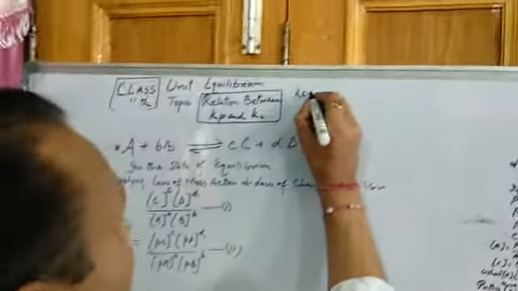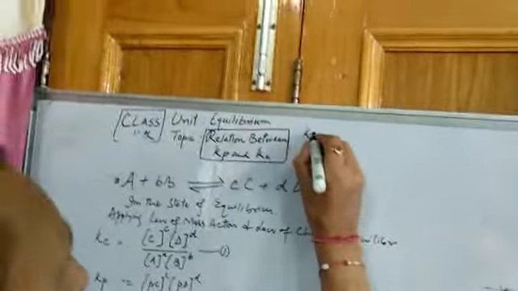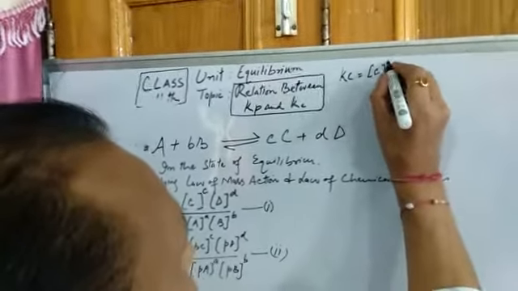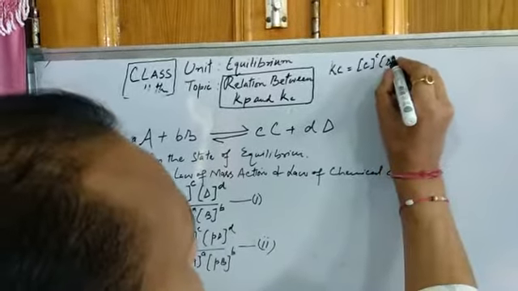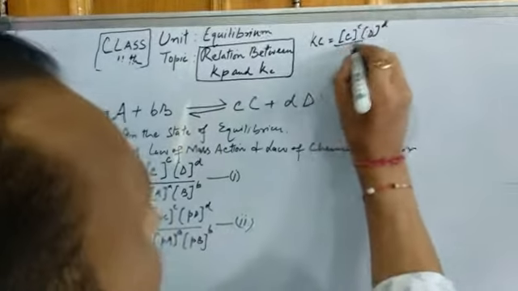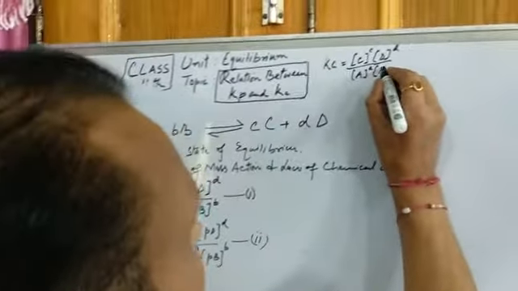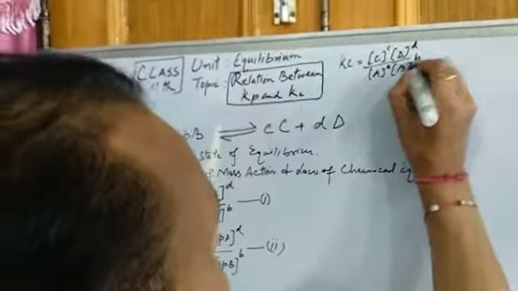Kc equal to [C] raised to c into [D] raised to d upon molar concentration of A raised to power small a into concentration of B raised to power b. This is for Kc.